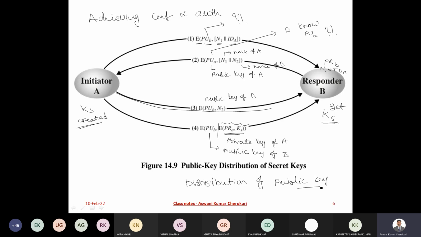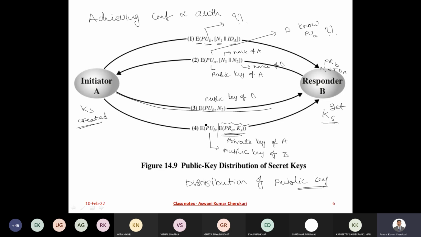So what we discussed is that we are able to establish the session key with the help of public key schemes. And we are able to achieve confidentiality because you can notice that it is encrypted with the public key of the receiver and only the receiver can decrypt.